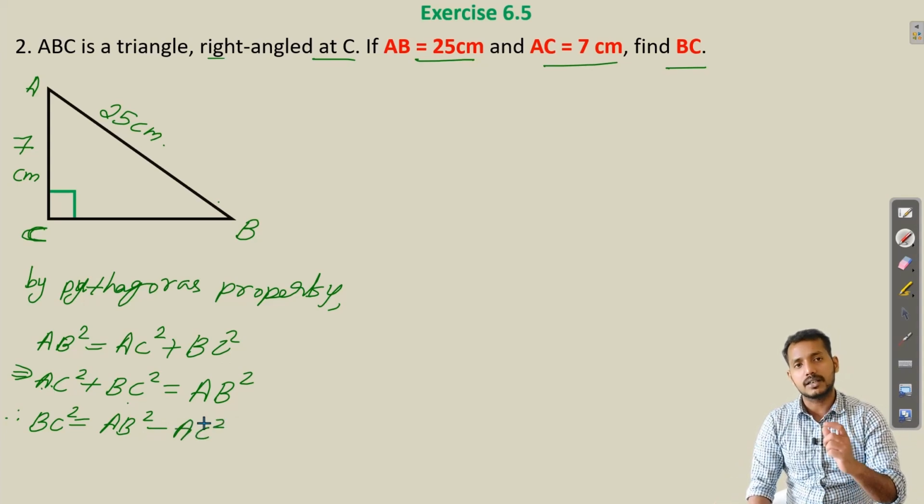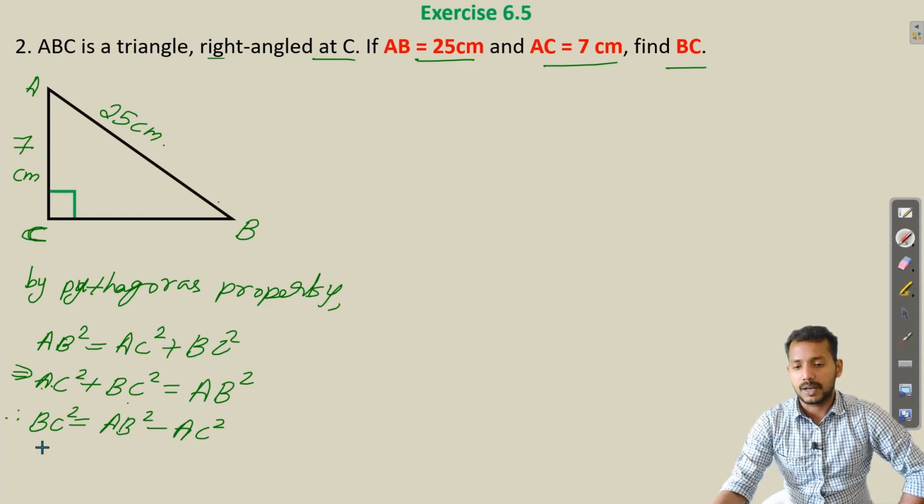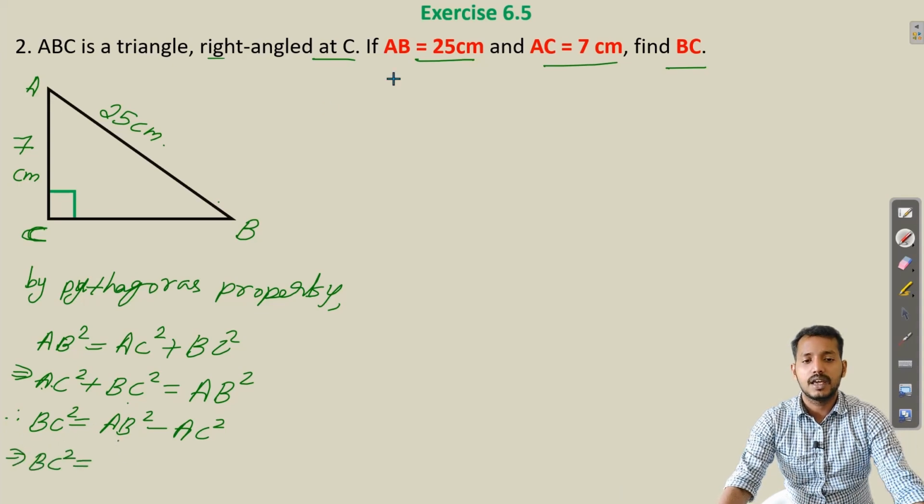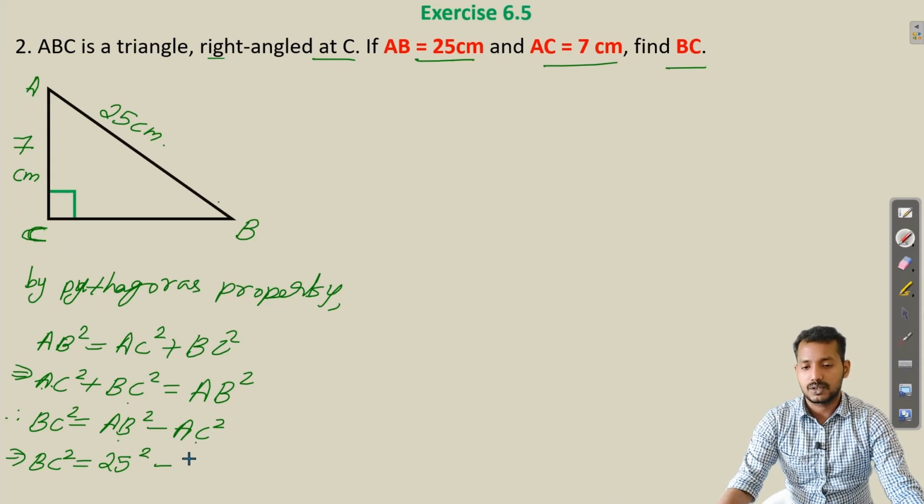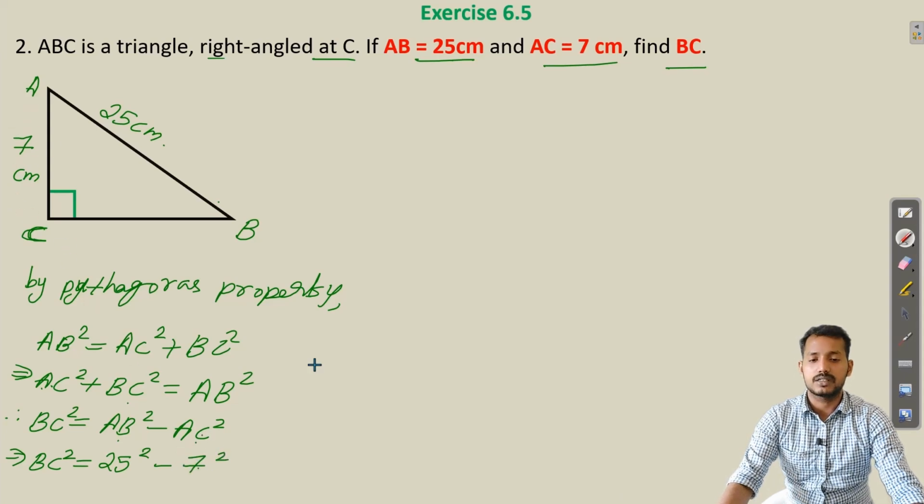If you want to find any side other than the hypotenuse, then it is the square of the hypotenuse minus the square of the given leg. Now we can apply the values here. So BC square is equal to, what is AB? AB is equal to 25, which is given, 25 square minus, what is AC? AC is equal to 7, so 7 square.